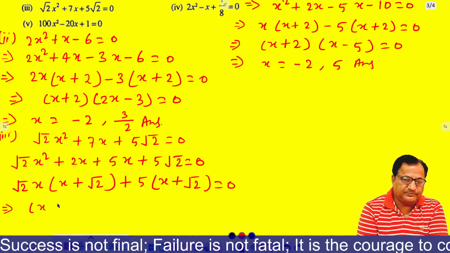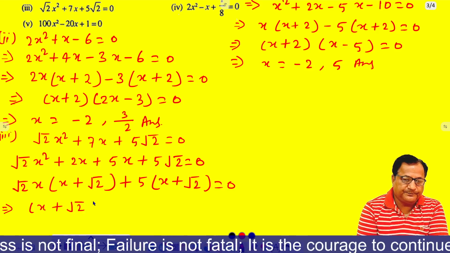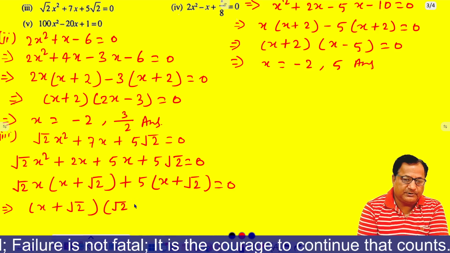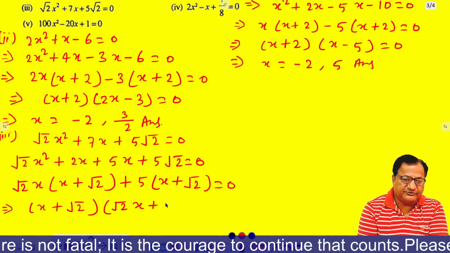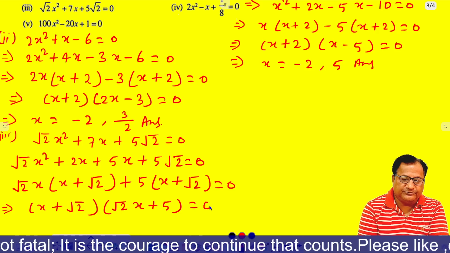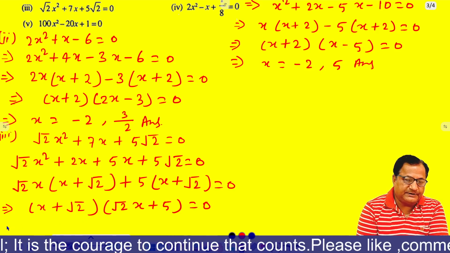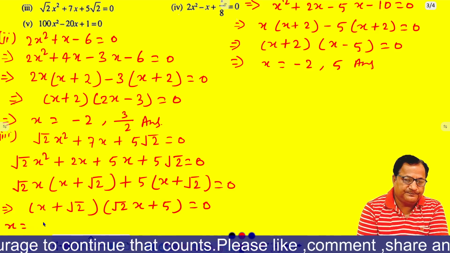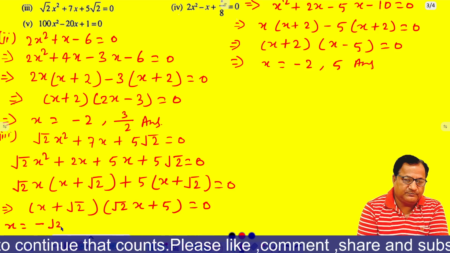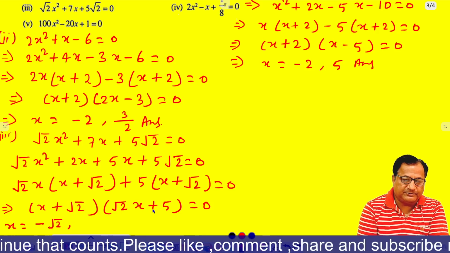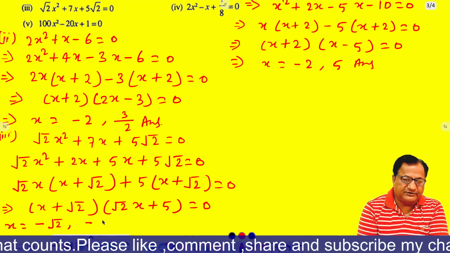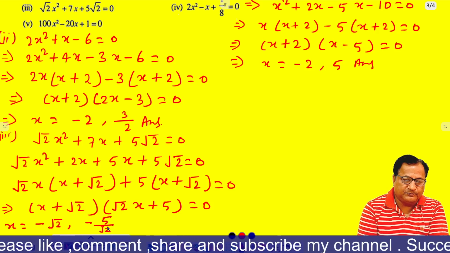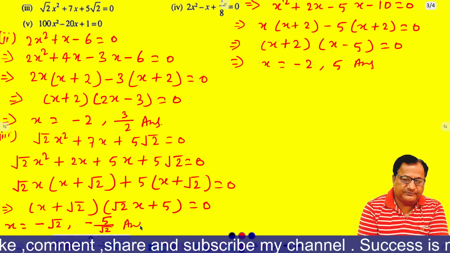Then we take x plus root 2 common, and here it will be root 2x plus 5 equal to 0. Therefore x is equal to minus root 2 as one value, and from here we will get minus 5 by root 2. This is the answer.